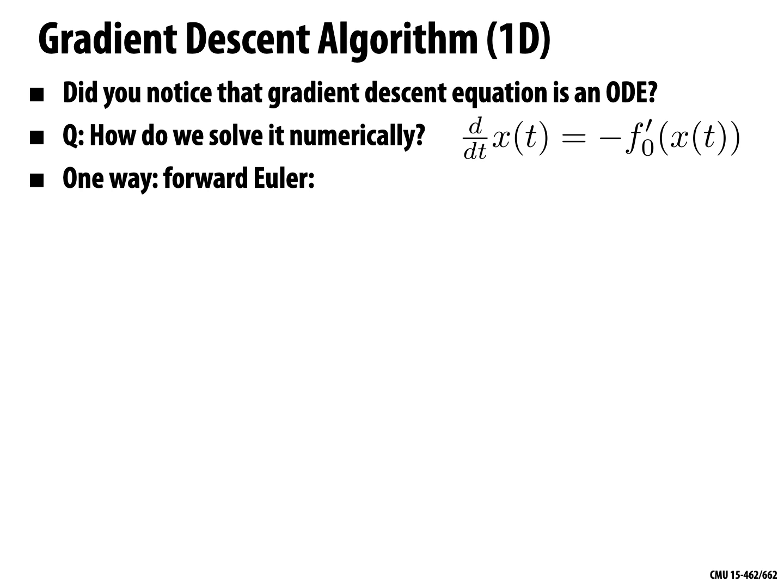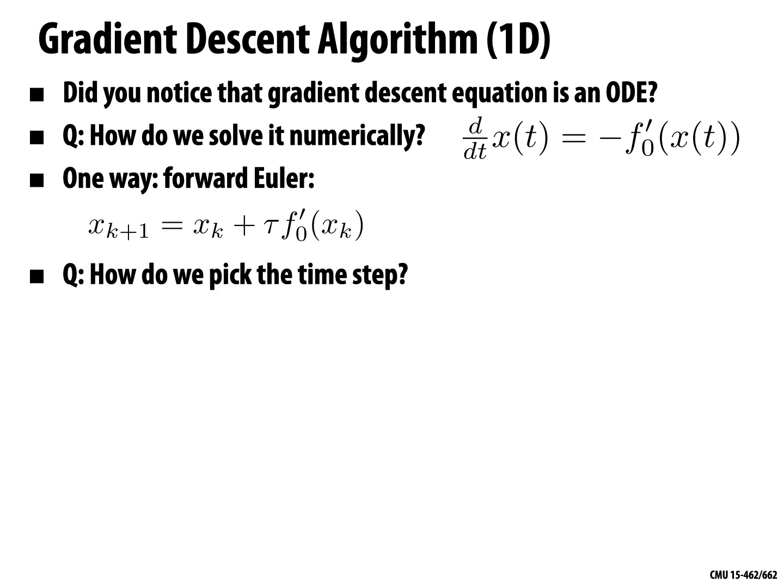If we then solve for the new point, the new location of x, we can write it like this: x k plus 1, our next location for x, is equal to x k plus tau times the derivative of f naught at x k, our current point. One thing we didn't spend too much time talking about last time is how we pick this time step tau.